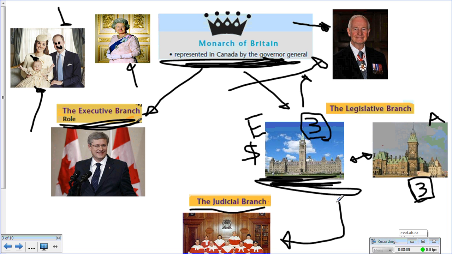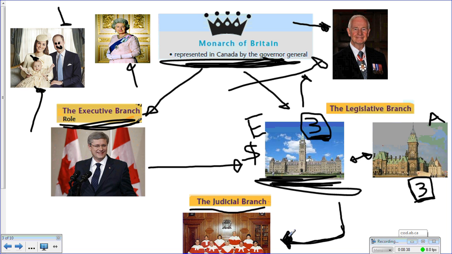But the judicial branch, if Stephen Harper introduces a bill and it says you're not allowed to say Quebec sucks, and then the House of Commons passes it 3 times, and then the Senate reads it 3 times and agrees, and then the Governor General agrees, it comes down here and can be challenged in court because one person says Quebec sucks.